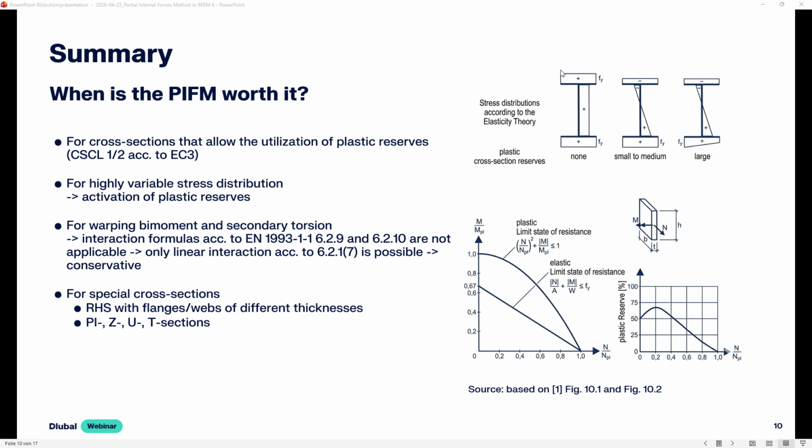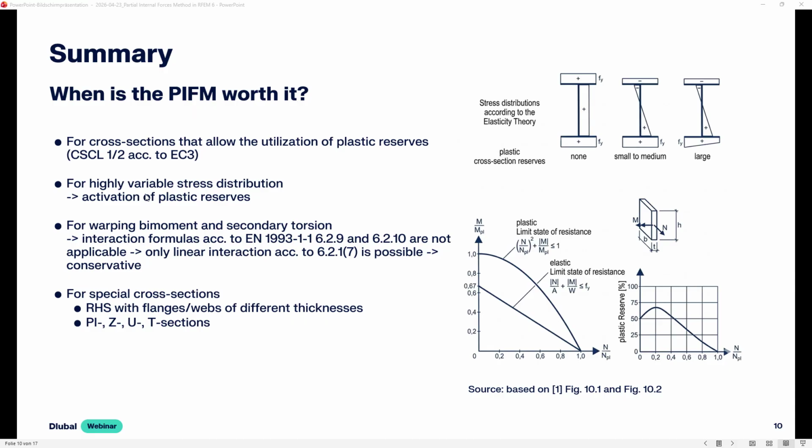And as you can see, the complete cross-section can be utilized until the yield strength on every location. So we basically have no plastic reserves at all. In such a case, the PIFM won't be worth it. It will lead to the same design check ratios like if you do the elastic design according to the standard.